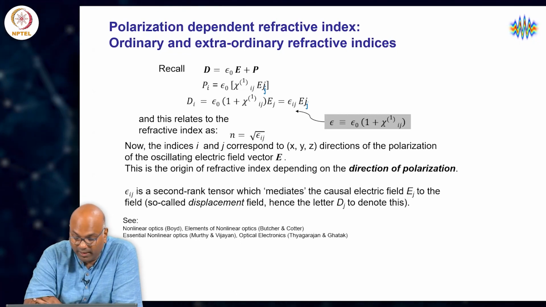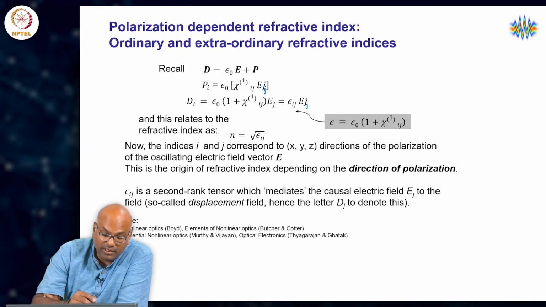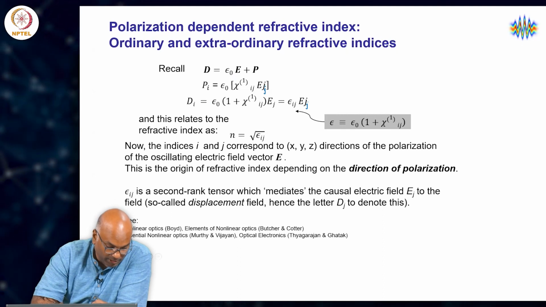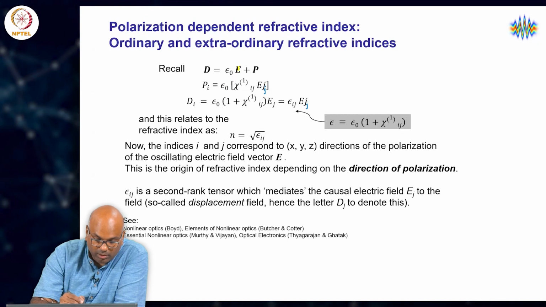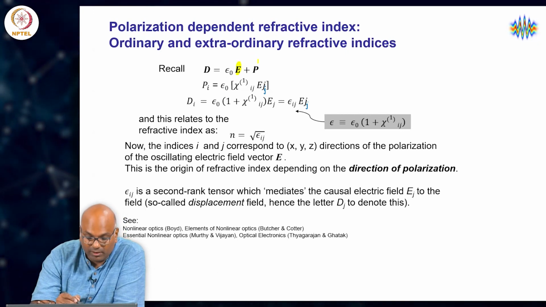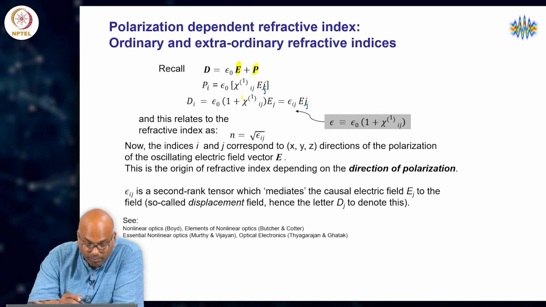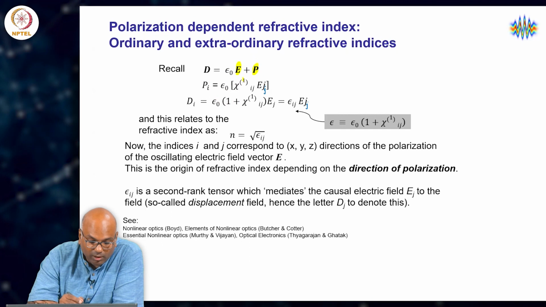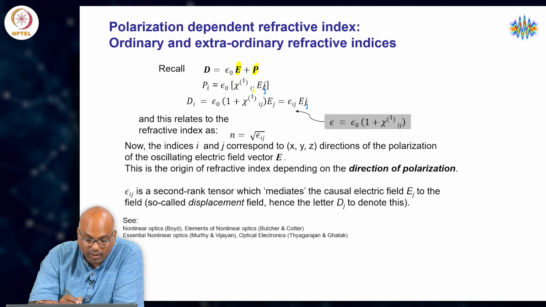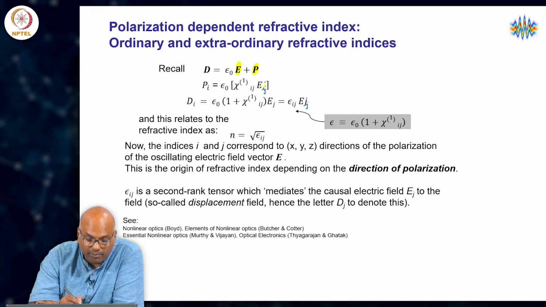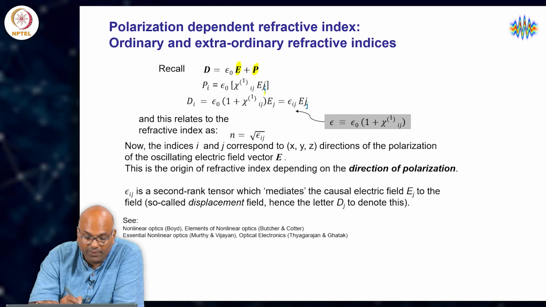We discussed at length in the previous lecture that D is epsilon naught E plus P. E is the applied field, P is the polarization, and the first order, linear part of P was epsilon naught chi, multiplied by a vector. We are writing this equation in component-wise form.